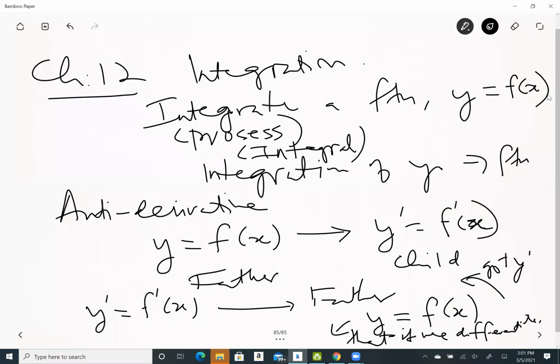So now let's get the idea in terms of the antiderivative. Let's do an example from something that we know. Let's say y prime is equal to 2. I'm going to write another notation: f prime of x equal to 2. You know this.